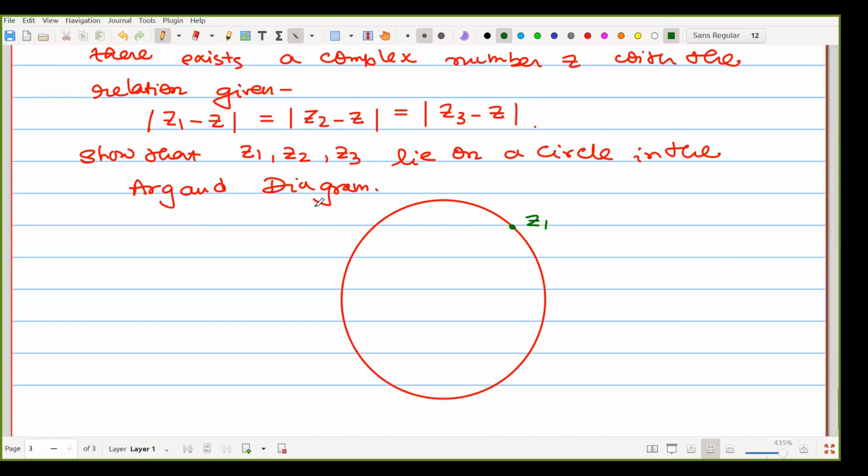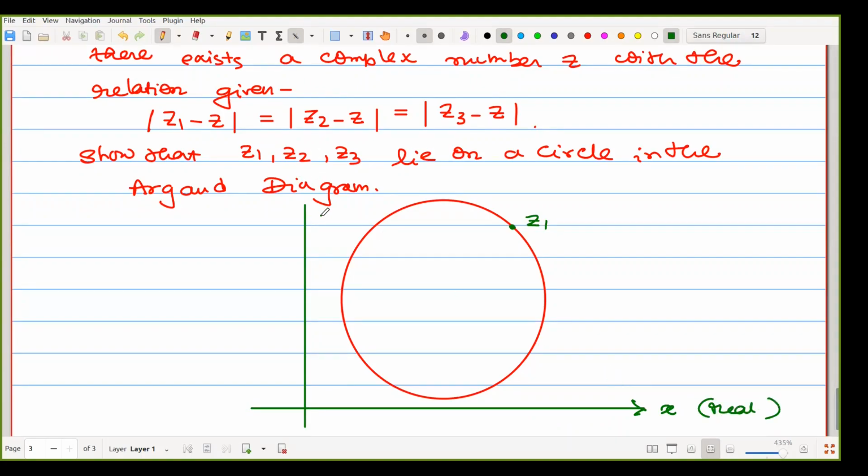Whatever the Argand plane is, that is our X, our real axis, that is our Y, our imaginary axis. Suppose another point is Z2 here, another point Z3 here. Now there exists a complex number Z. Suppose the complex number Z is here.